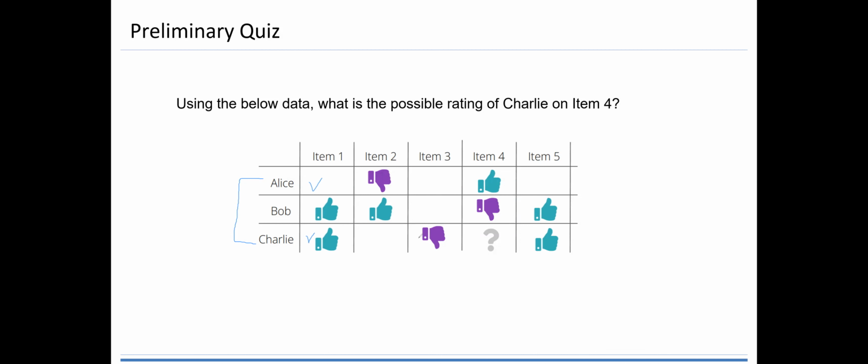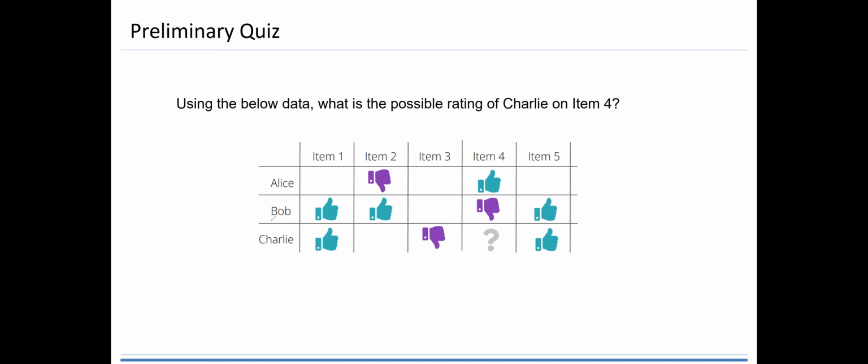About item 3, Charlie has a rating, but Alice does not have any information on item 3. Charlie has a rating on item 5, but Alice does not have any information about item 5. So it is difficult to use Alice's data to know about Charlie's rating. But how about if we use Bob's data?